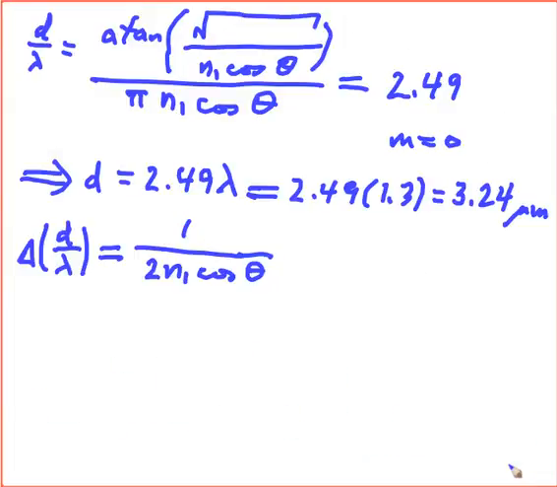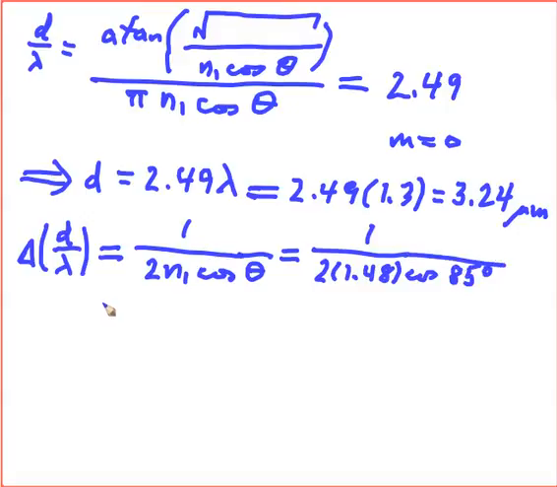And so we're simply going to plug in 85 degrees: 1 over 2 times 1.48 times the cosine of 85 degrees. And so this delta d over lambda value comes out to be, I think, 3.92.